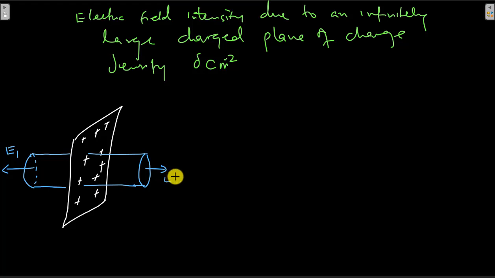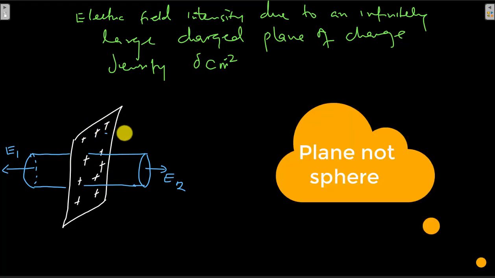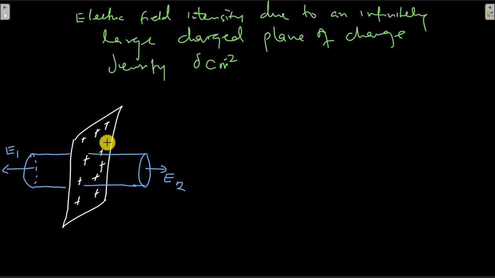As you can see from the diagram, this is a positively charged plane, so we have an electric field going this side and another electric field to the left. If we apply Gauss's law, here the charge density is sigma coulomb per meter squared.